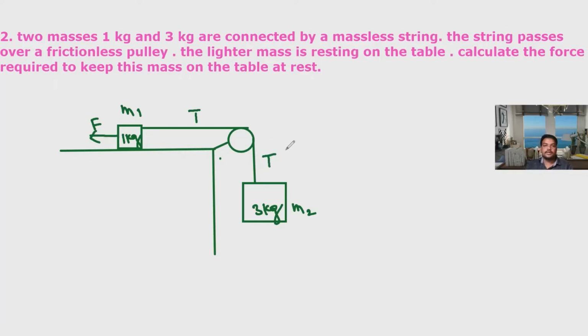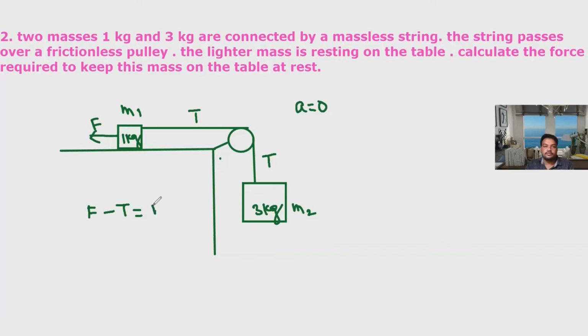Simple, apply the forces acting on each body. Force acts on the first body M1: F. Tension acts in the opposite direction, F minus T. To keep the body at rest, please note that the body is at rest, there is no acceleration.